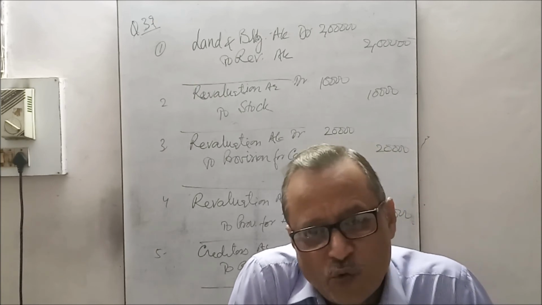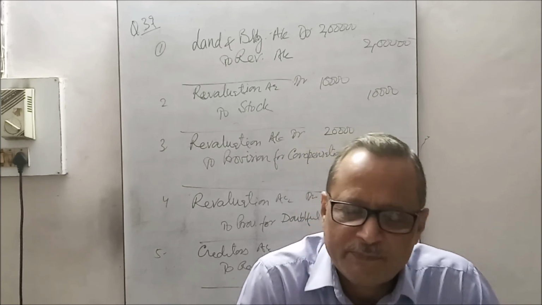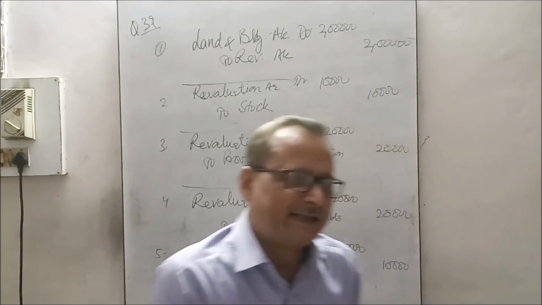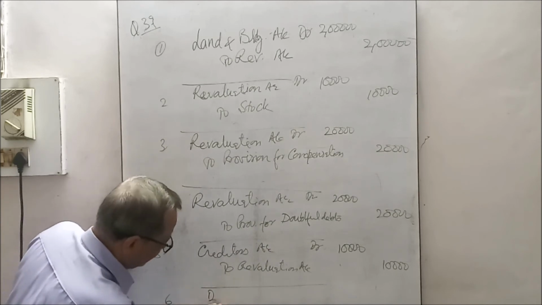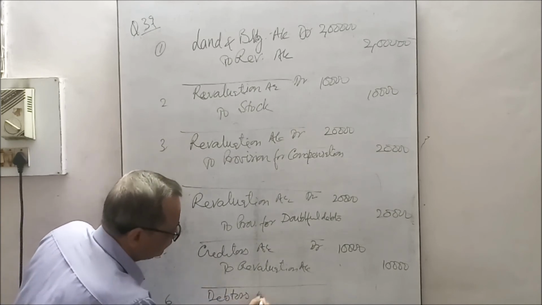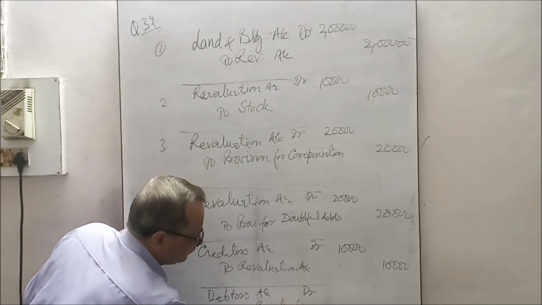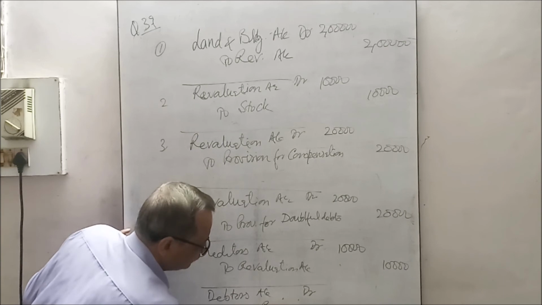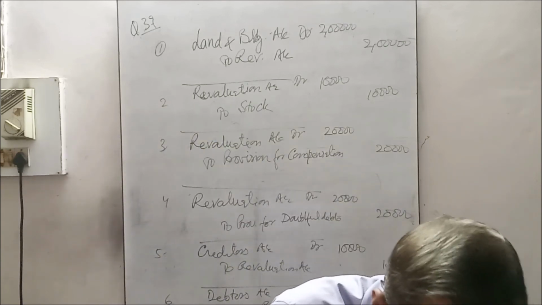Debtors account debit to bank account. So here we will pass debtors account debit to bank account. It is not concerned with the revaluation account. The amount is 40,000.